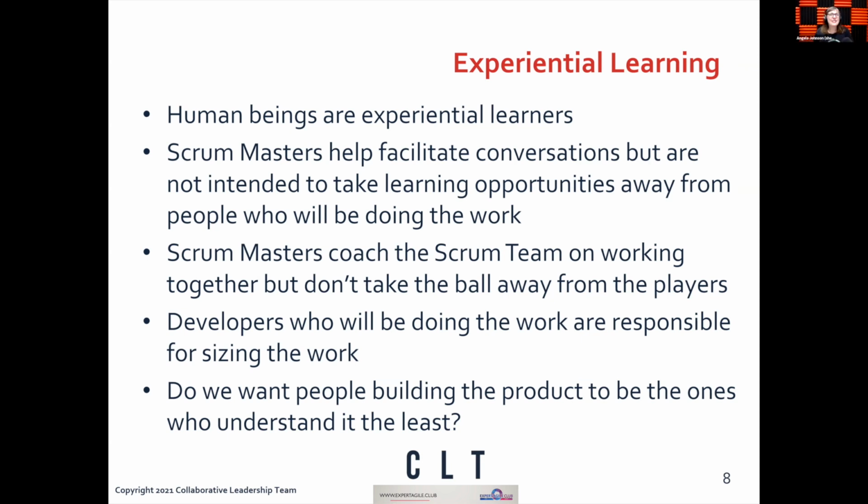We want to coach the team on having some sort of working agreement or maybe coming to consensus after the discussion. But that good discussion is what promotes that knowledge transfer or gets people to learn not only from each other, but to understand one another and verify that they understand one another. We don't want people who are building the product to be the ones knowing the least about that product.